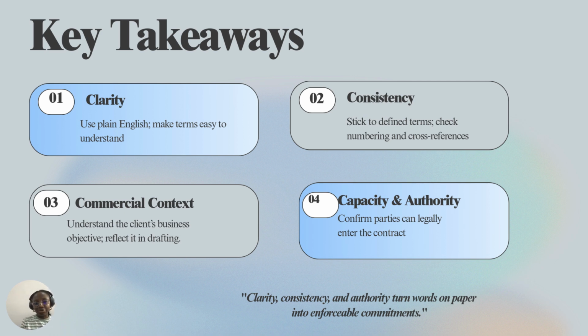Lastly, capacity and authority. Confirm that the parties can legally enter the contract. This is very important. If you're in fintech, like I am, you would know, because you can go and review and sign an agreement, only for you to find out that they don't even have a regulatory license. That's something else entirely.